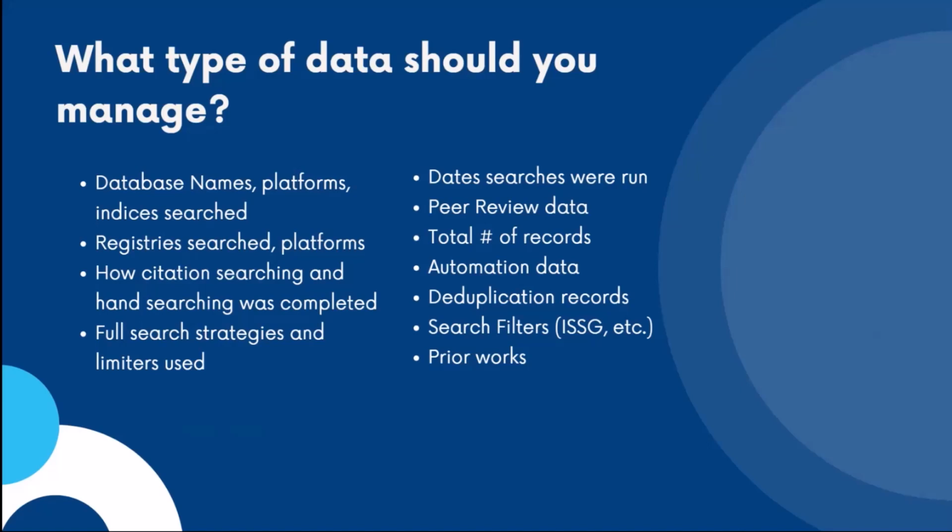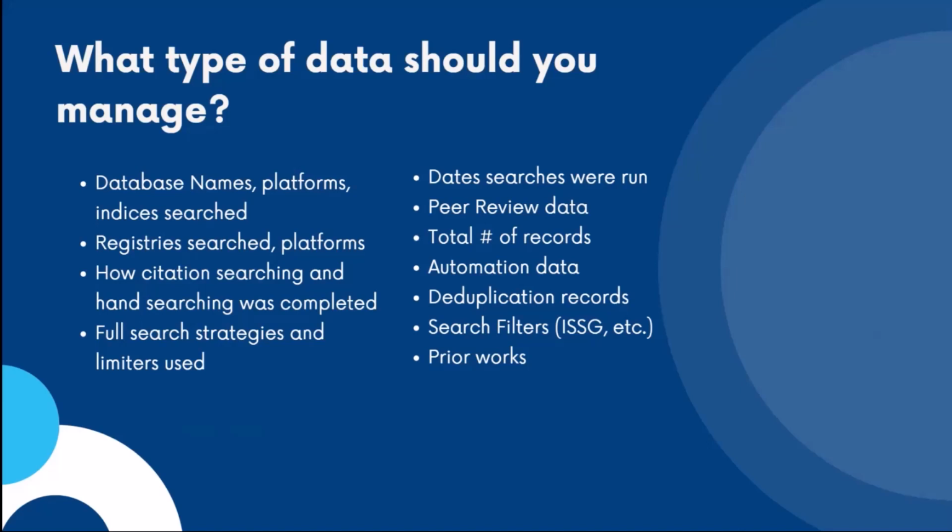Like, did you go through certain articles? Like, you came across a systematic review in your search results, did you automatically go through the references of every single one of those? So processes like that, they need to be documented. So it's not even just the numerical data, it's also tracking your methodology and how you actually completed your work.